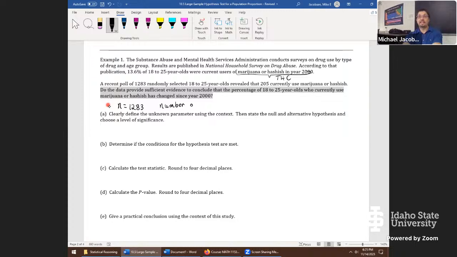Now this time it's not for checking conditions, this is just to get the statistic out. The number of successes is given right here. The 205 current users of marijuana or hashish. Keep in mind, it's not a success in the normal sense that that's a good outcome. It's just a success. That's what they were interested in this study. So number of successes will be 205.